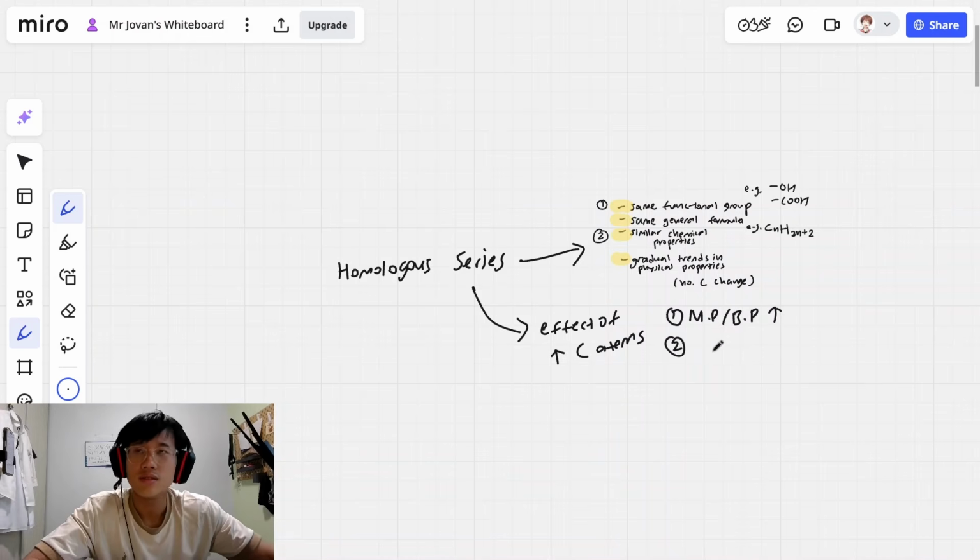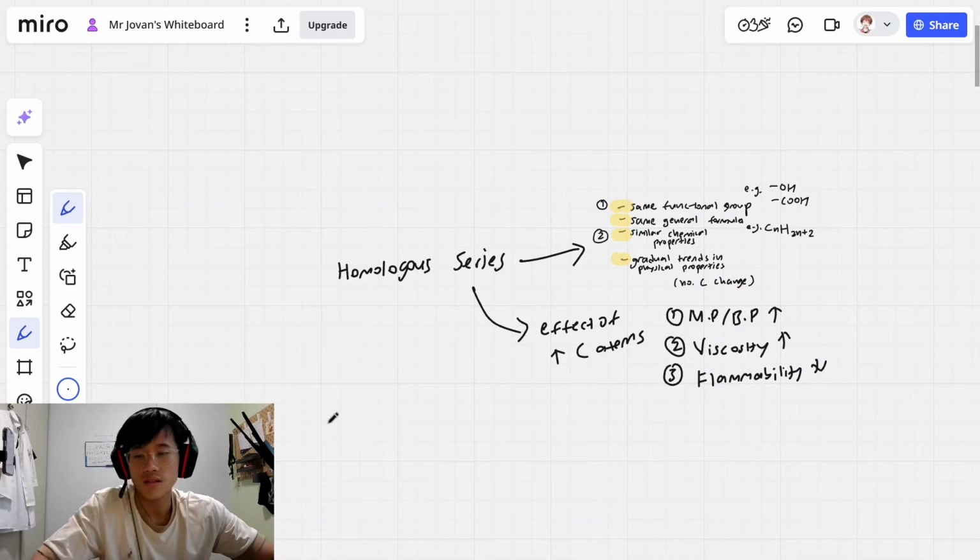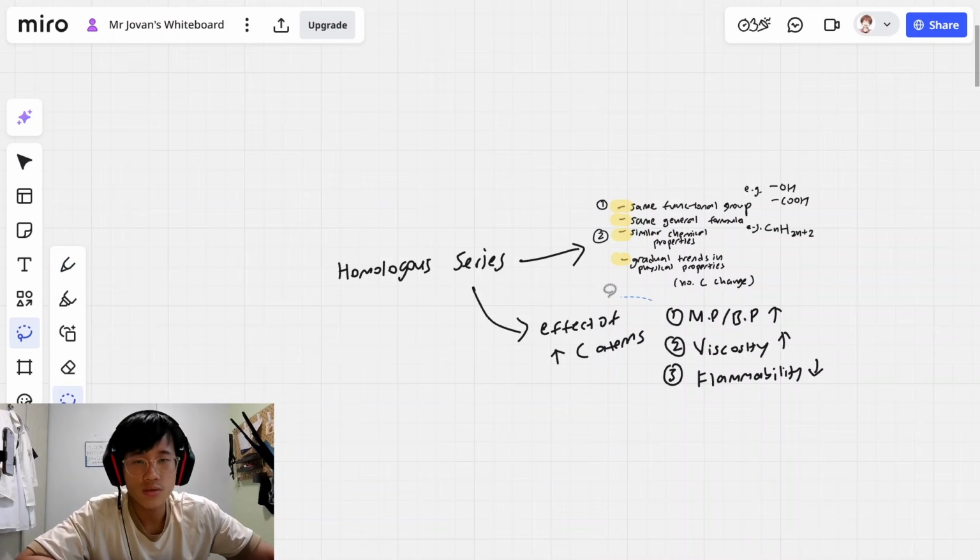Number two, what was it? Honey, water, what was it? Viscosity. Increase or decrease? Increase. Number three, flammability. Increase or decrease? Decrease. Let me write that better. Very good, guys. You guys are learning so well. We're just going to make this smaller so my map has space.